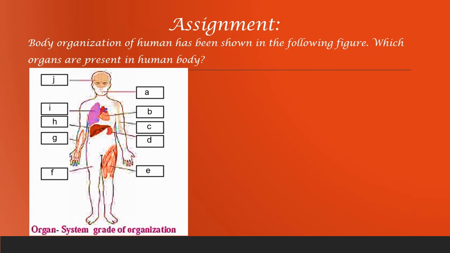Now students, here is an assignment for you all. Body organization of human has been shown in the following figure. Which organs are present in the human body? Students, here you are supposed to recognize the organs which are present in the human body. So let's begin.